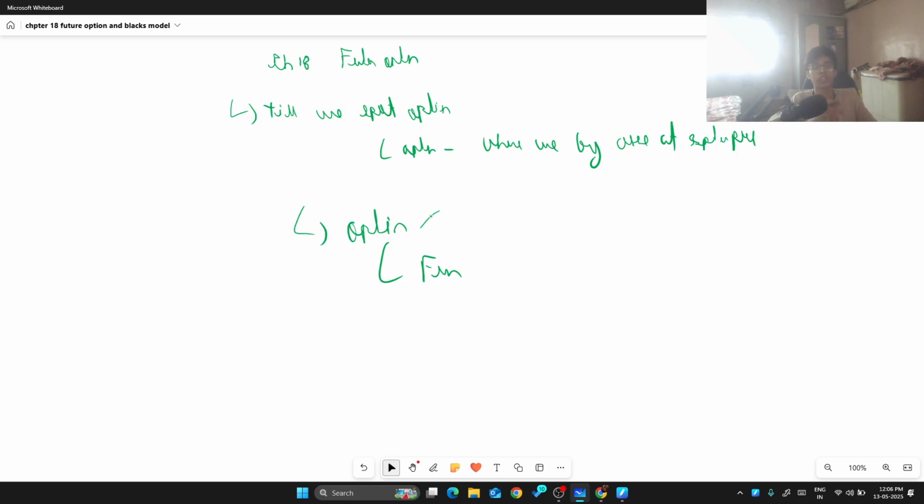A futures option is a type of derivative that gives the holder the right, not an obligation, to enter into a futures contract at a set futures price.